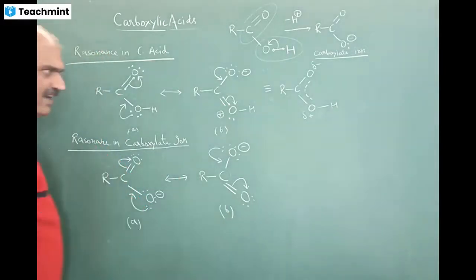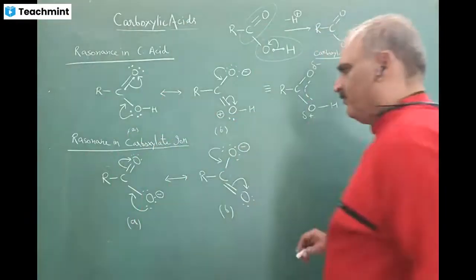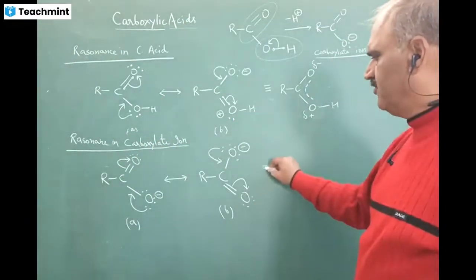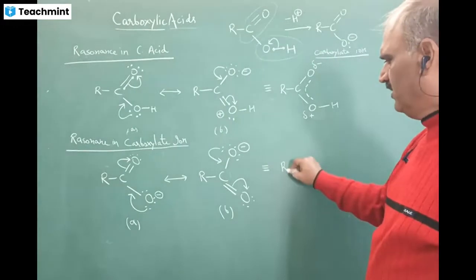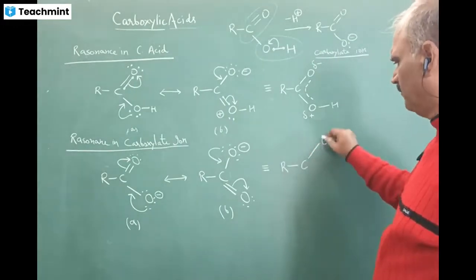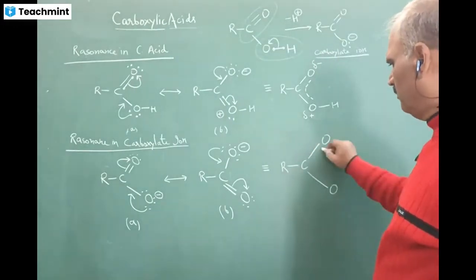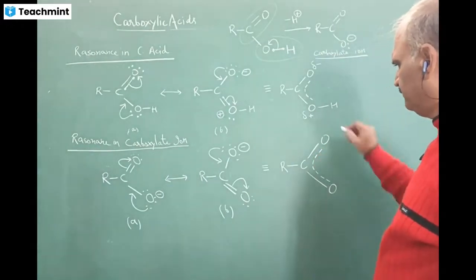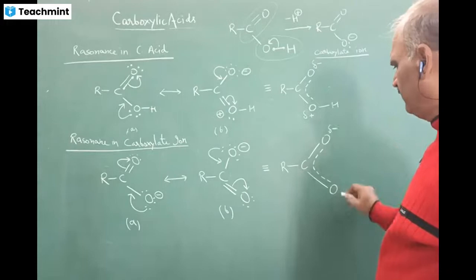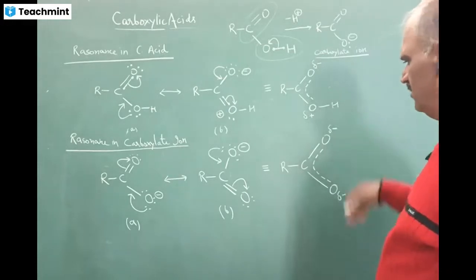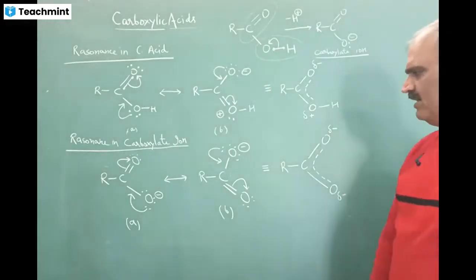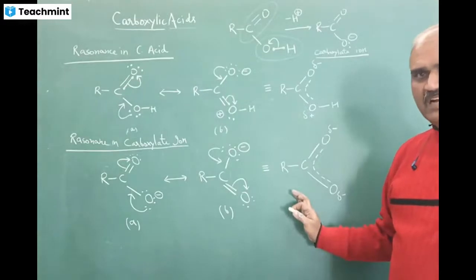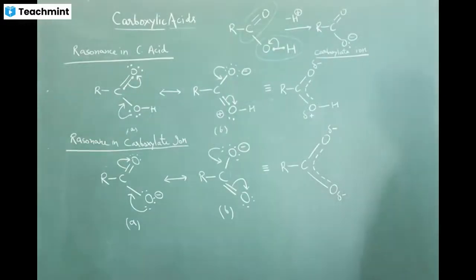These are resonating structures, and the hybrid of these two structures will be like this. Both the bonds have partial double character. One negative on 2 O divided: partial negative, partial negative. So this is the resonance hybrid of the carboxylate ion.